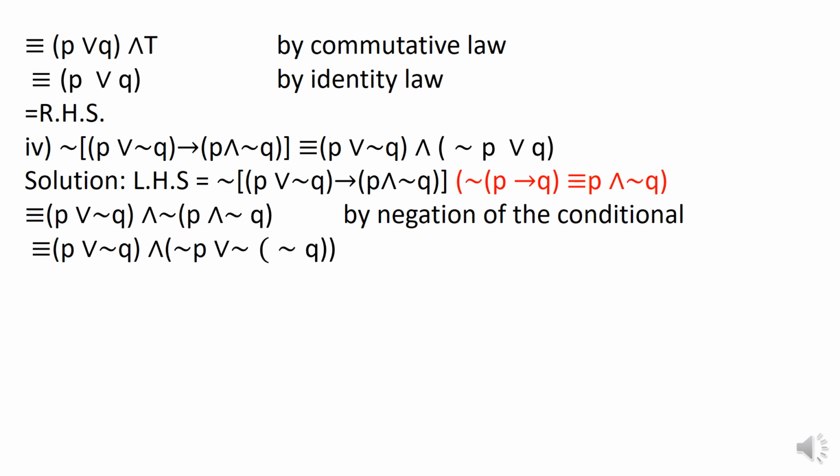The second bracket is a conjunction. Now you know that the negation of a conjunction is the disjunction of the two negative statements. That is, not P and Q is the same as not P or not Q. Thus, for the second bracket, not P and not Q is the same as not P or not Q. That not Q can be written as Q, as you know from the previous lectures.